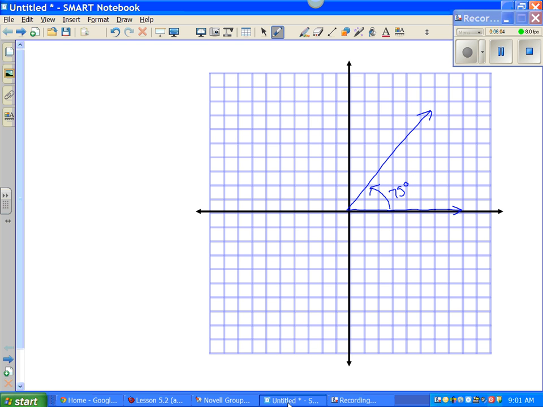Sure. I can have this angle here, same initial, same terminal, right? But what is this angle? Which means it's a negative angle, right? It's clockwise, so it's a negative angle, okay? So that's a coterminal angle, going the other direction. What else would be a coterminal angle?